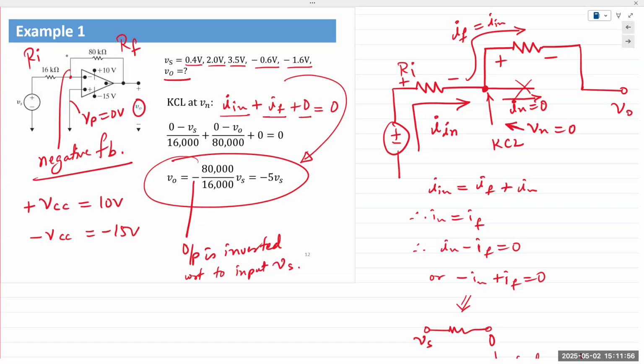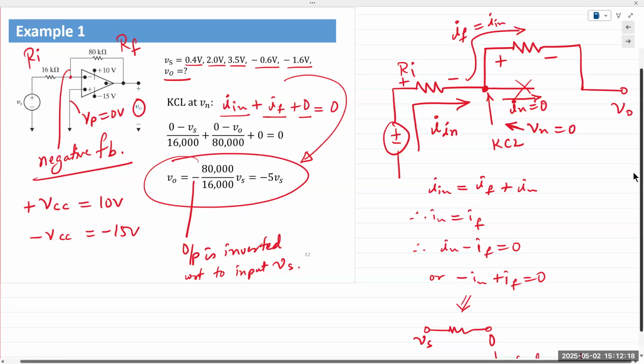Express each of these currents in terms of the resistor node voltages. Once we do that, we can solve for VO, and you obtain VO as the feedback resistance RF over Ri times VS. The negative sign simply means that the output is inverted, phase shifted by 180 degrees.